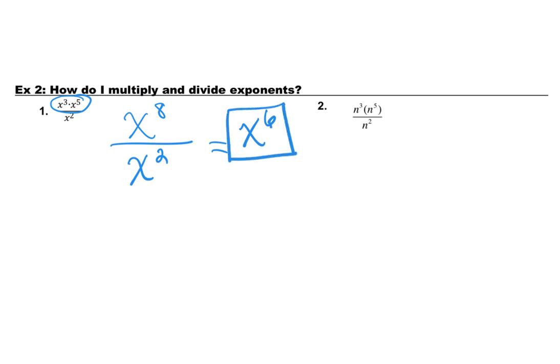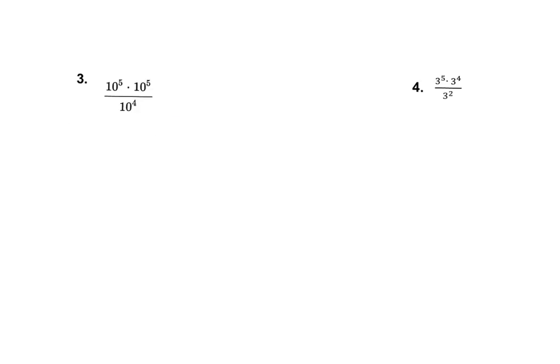Now, this video is getting to be a little bit too long, so I'm going to skip over a couple of problems and just get to the important things so that you can go on and do your assignment. All right, so let's take a look at question number 3. And we're going to multiply. Remember, these are exponents with the same base. Do not multiply the 10 times 10.